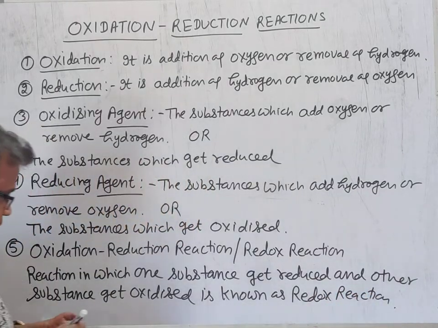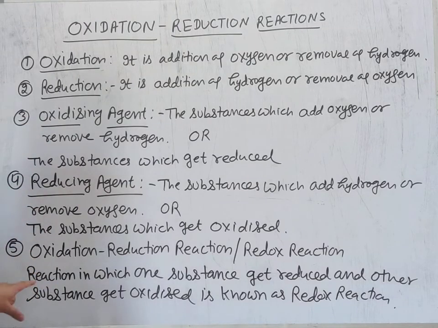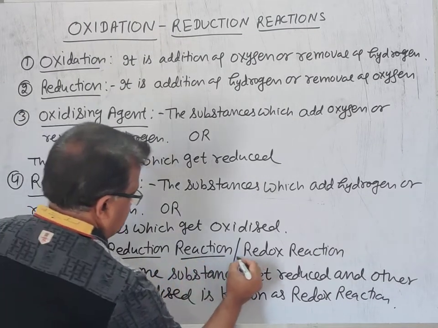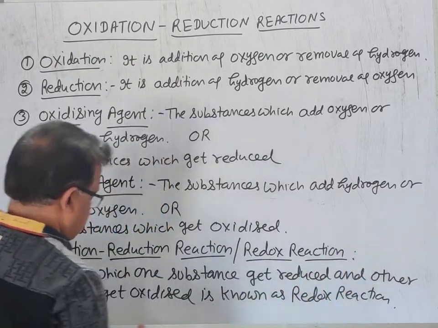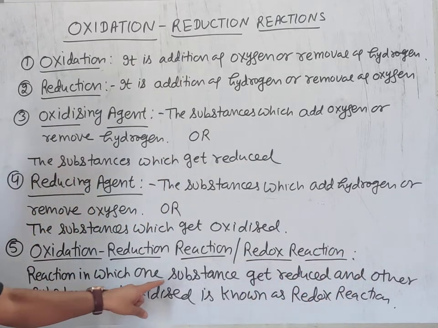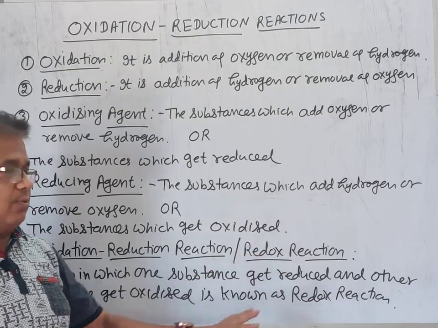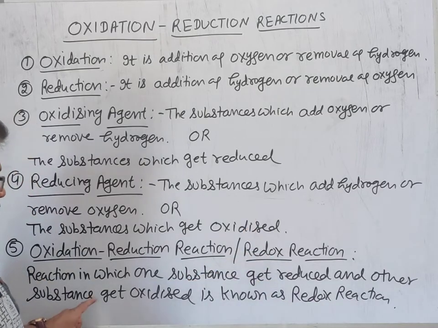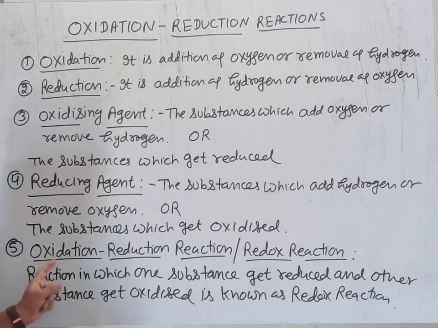So thus, redox reaction is the reaction in which one substance gets reduced and other substance gets oxidized. These oxidation and reduction occur at the same time.